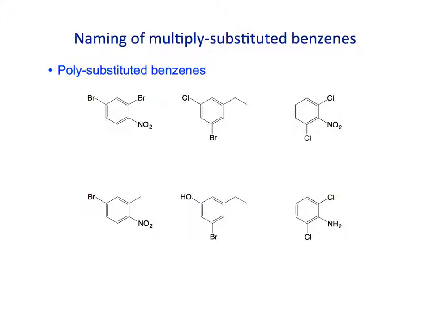We're going to start with number 1 where the nitro group is, because then if we count counterclockwise, we end up with 1, 2, 4, and that's the lowest combination of numbers we could have. We just list the substituents in alphabetical order. We have 2 bromines, so we have 2,4-dibromo-1-nitrobenzene.